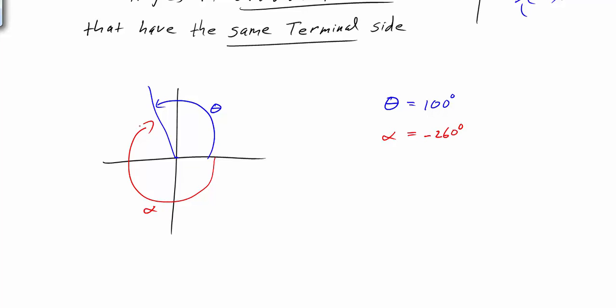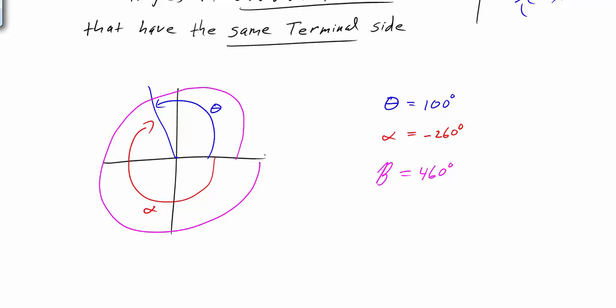All right, do you think we're going to have another coterminal angle? Or is that only going to be it, positive 100 and a negative 260? Well, if you think about this carefully, there are actually infinite angles. I'll use the Greek letter beta, and I'm going to make this 460 degrees. If I start here and go all the way around, that's 360 degrees, but I want to continue another 100 degrees so that I'm at this position.